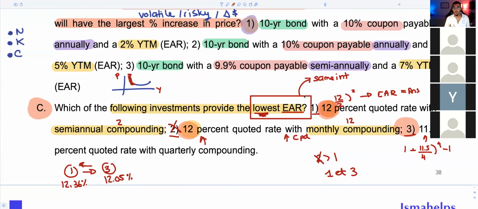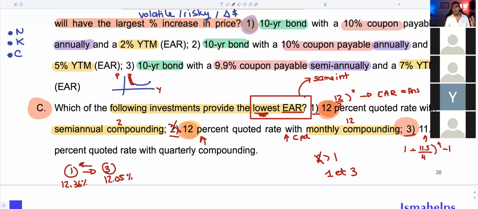Then, if you want to play by ear, you would compare that to the different interest rates available to you. So 1, 2, 3 in this case. However, I would definitely recommend just plugging it into your calculator or your formula, even though it's obvious, to see whether they're actually smaller or bigger than each other.